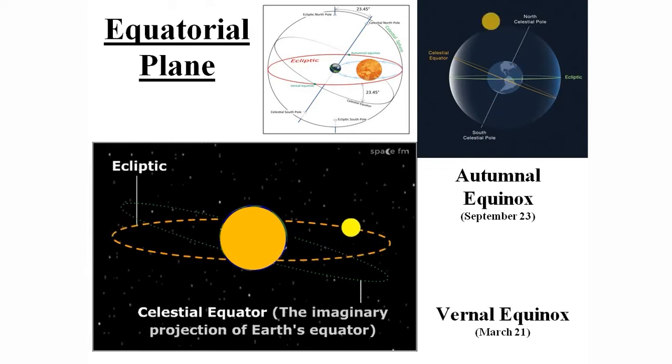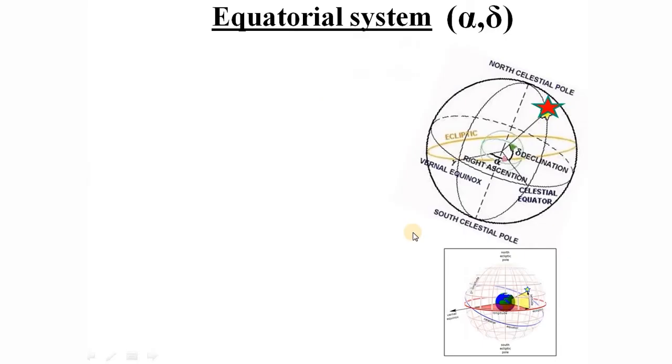Measurement is taken from the vernal equinox point along the equatorial plane. So let us see how this is done. We have the vernal equinox point shown in the figure and the autumnal equinox point. In the equatorial system, we have the vernal equinox point as the origin, and the measurement is taken along the equatorial plane.